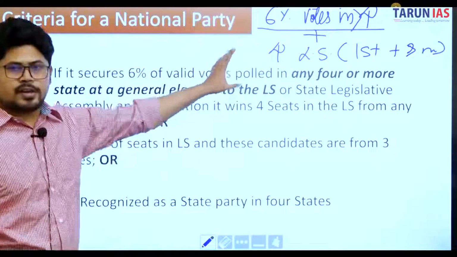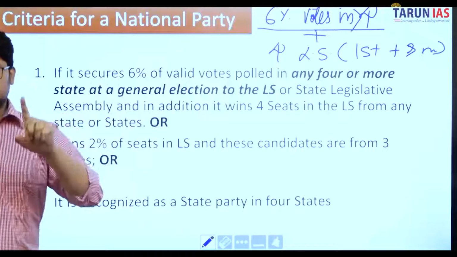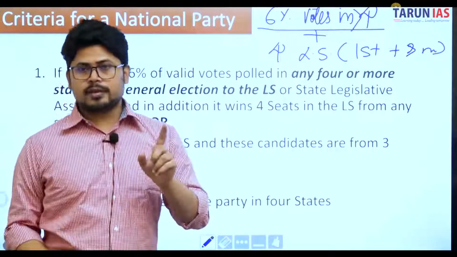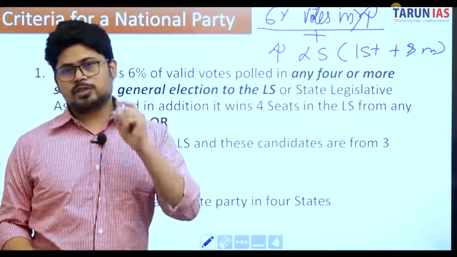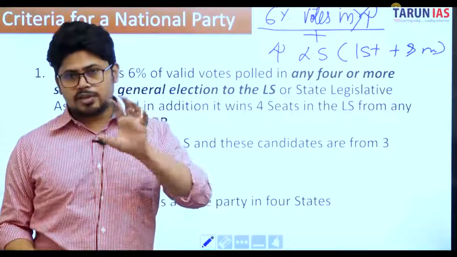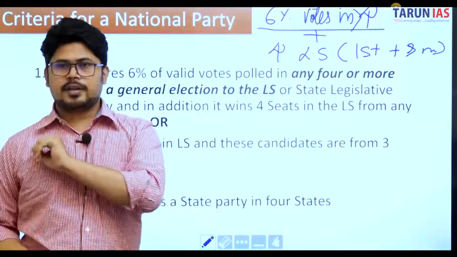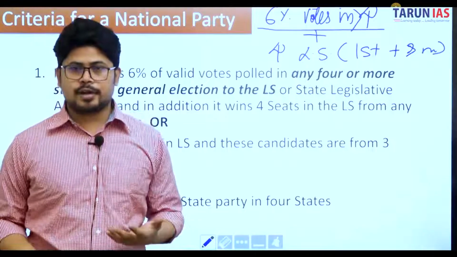That means for a national party, first of all, it should win 6% of valid votes polled in a general election to Lok Sabha or राज्य विधान सभा, या स्टेट लेजिस्लेटिव असेंबली एज वी कॉल्ड इट.